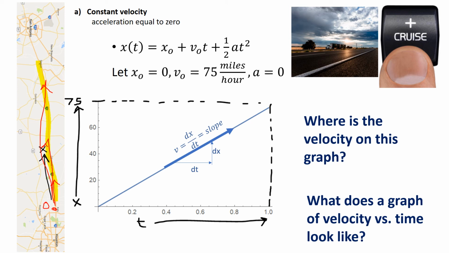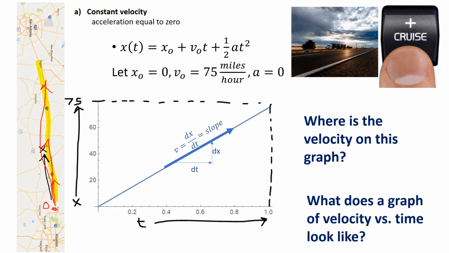The slope of this line is your velocity. So when you have some kind of a position versus time graph, when you're seeing that slope, if it's a changing slope or a constant slope, you're watching how that velocity changes. Even though this isn't a graph of velocity, you can get velocity information off this graph.